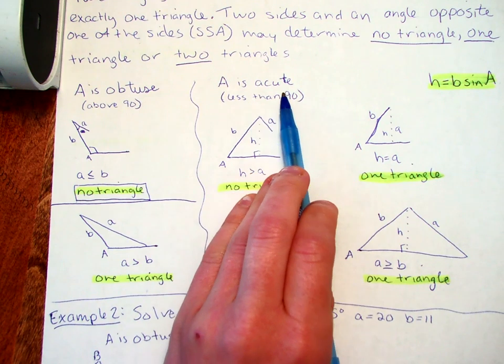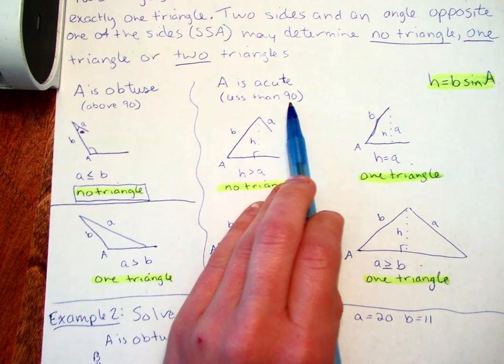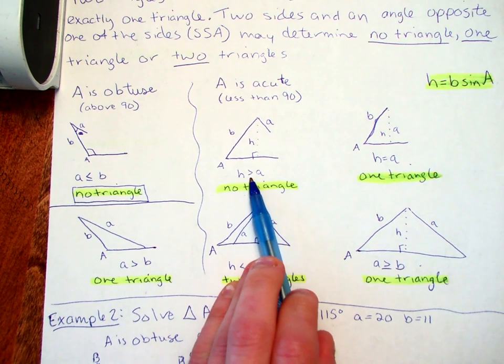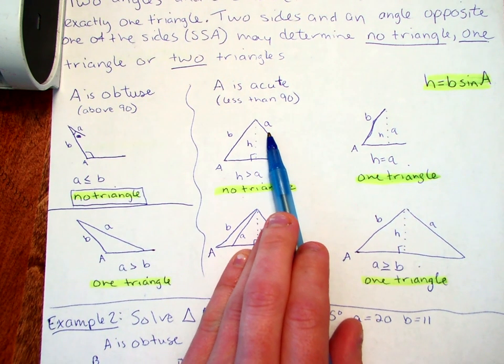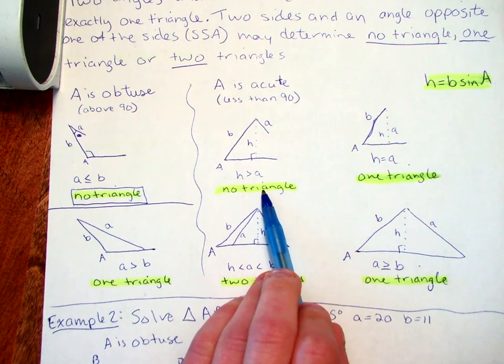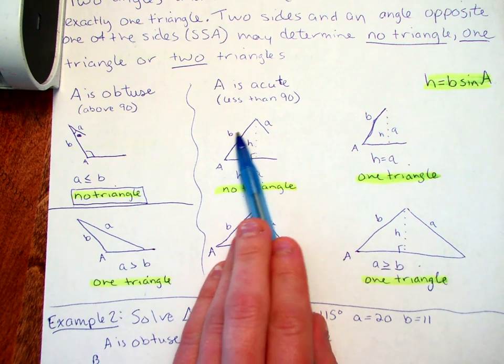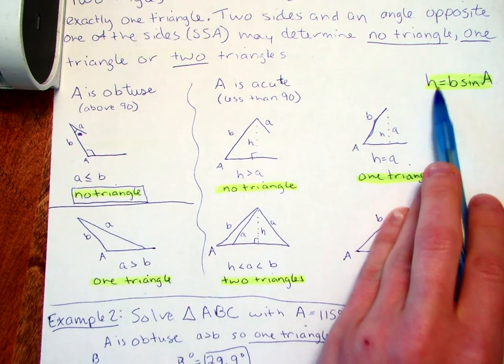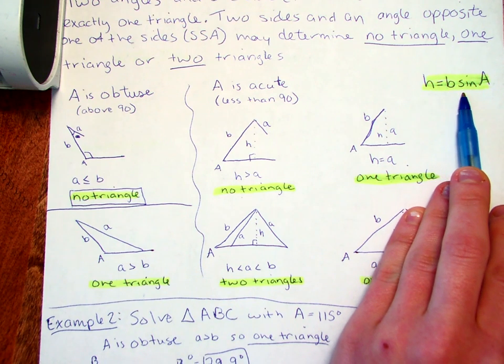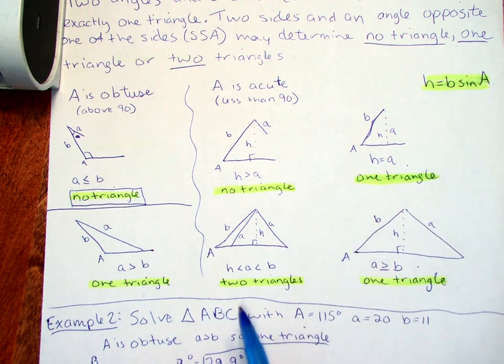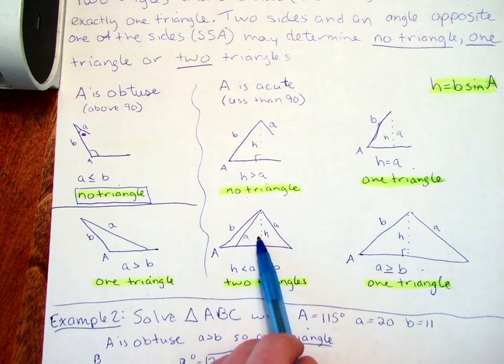If A is acute, or less than 90 degrees, and h is greater than a, meaning the height of the triangle is greater than a, there's no triangle. Now, height is something you've maybe seen as far as a triangle goes, but height can be found by multiplying side b times sine of A. If the height is less than a, which is less than b, you are making two triangles out of that.